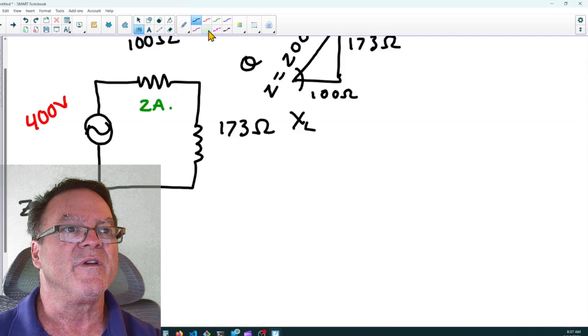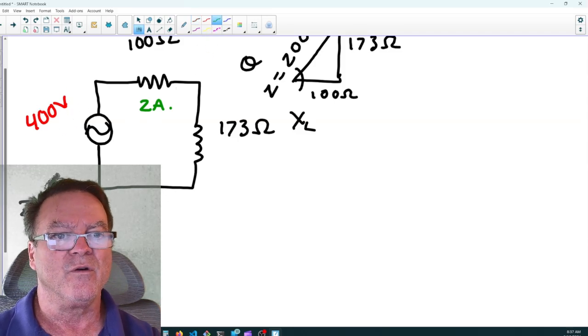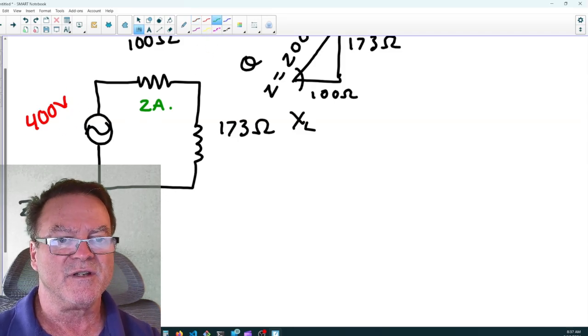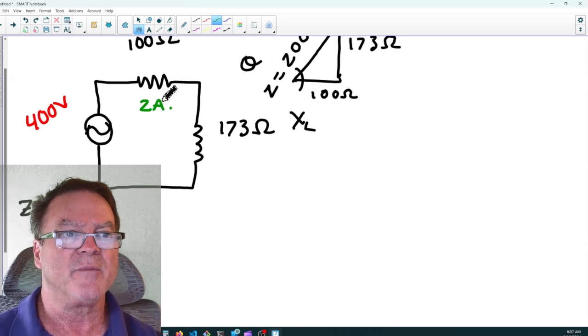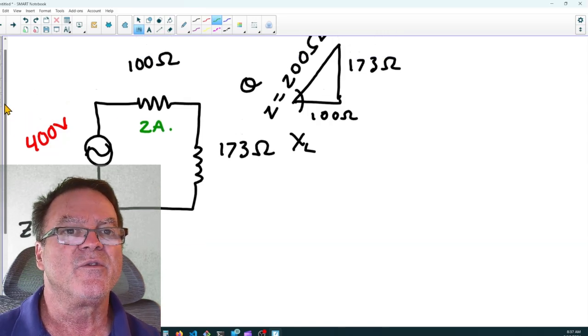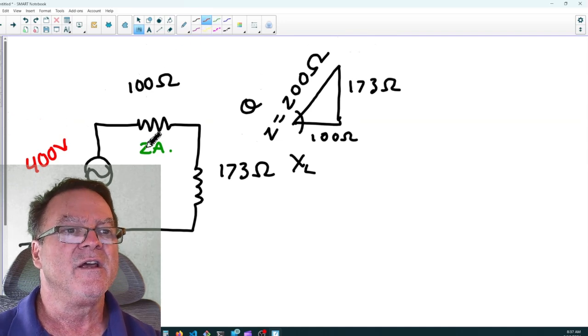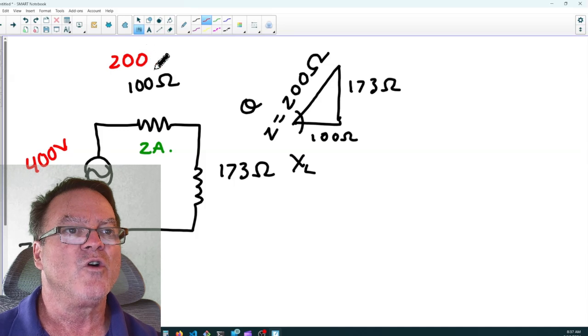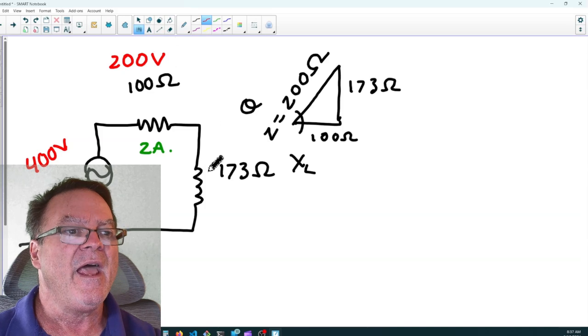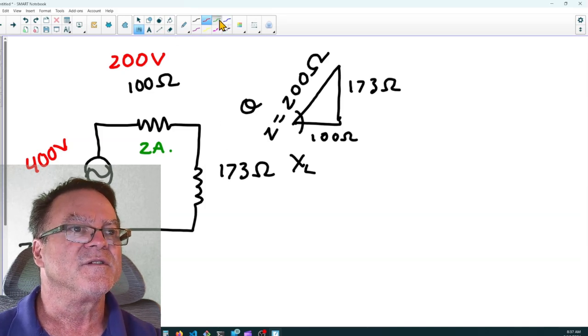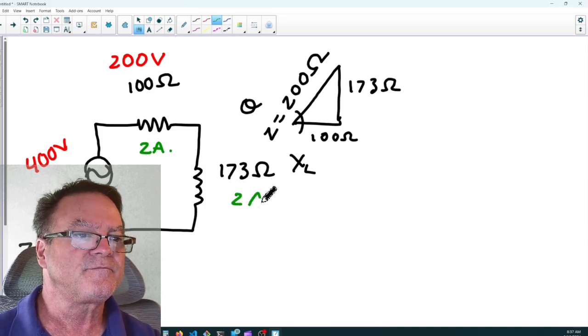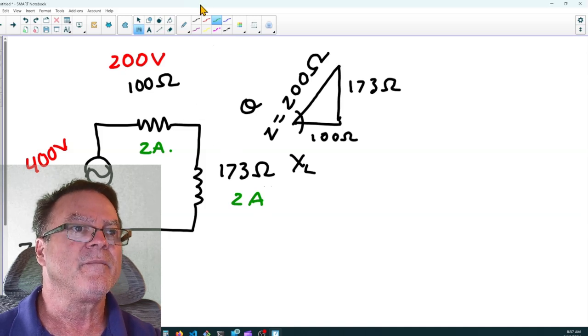And sure enough, if we use Ohm's law, 400 volts divided by 200 ohms does indeed equal 2 amps. So we have 2 amps flowing through this resistor, and we could figure this at 200 volts, right? 100 ohms times 2 amps is 200 volts dropped across it. And this is also 2 amps because it's a series circuit.